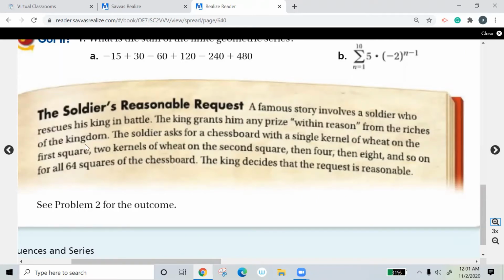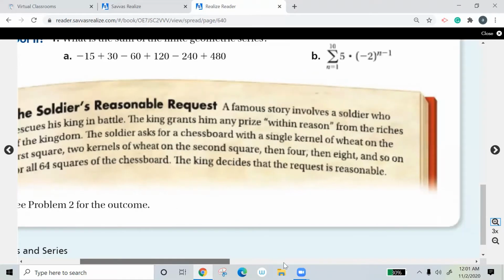From the riches of the kingdom, the soldier asks for a chessboard with a single kernel of wheat on the first square, 2 kernels of wheat on the second square, then 4, then 8, and so on, for all 64 squares of the chessboard. The king decides that the request is reasonable. So we will see problem 2 for the outcome.